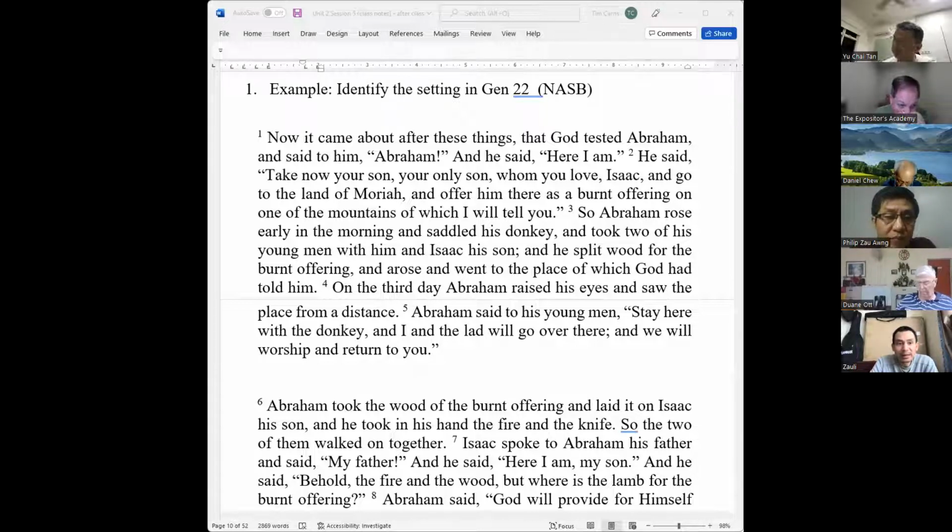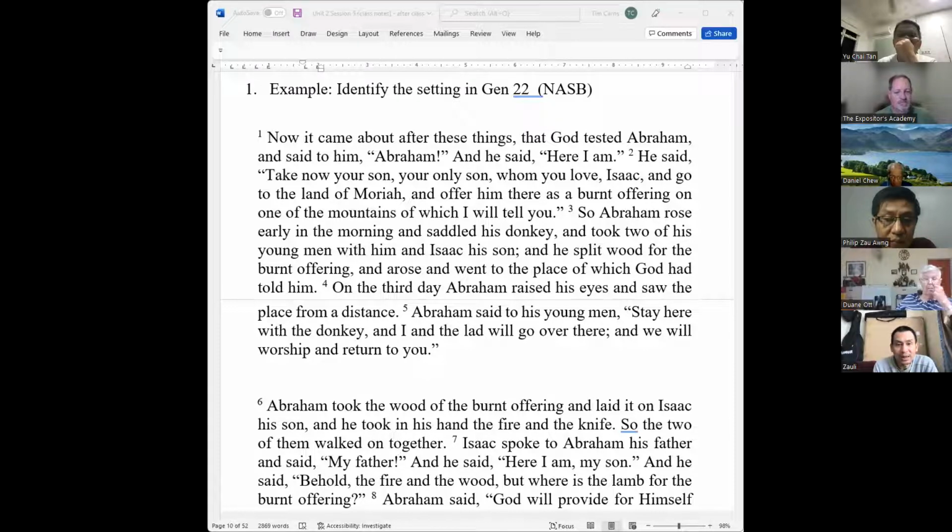He said, "Take now your son, your only son, whom you love, Isaac, and go to the land of Moriah and offer him there as a burnt offering on one of the mountains of which I will tell you." So Abraham rose early in the morning and saddled his donkey and took two of his young men with him and Isaac his son, and he split wood for the burnt offering, and arose and went to the place of which God had told him.